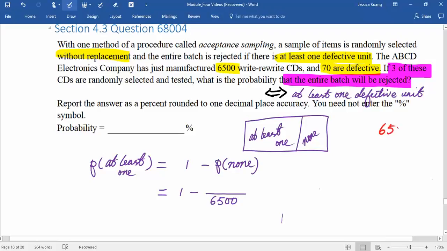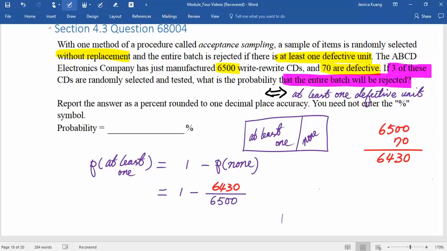So that is telling me 6,430 CDs are not defective. So this number over 6,500 will give me the probability that the first CD we choose is not defective.